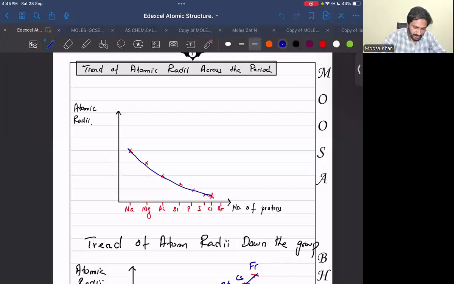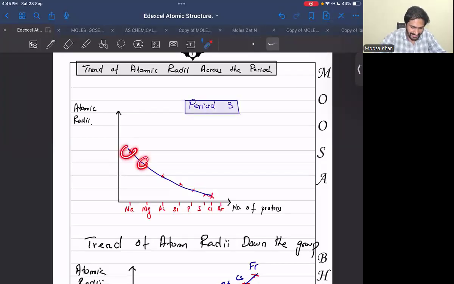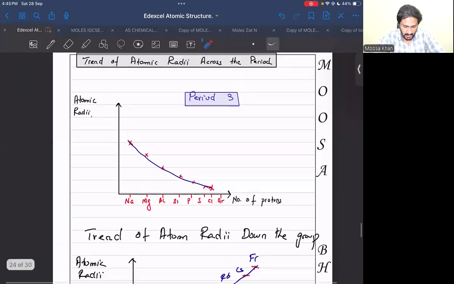It will be the same for period 2 as well. So from sodium to magnesium, aluminum, silicon, phosphorus, sulfur, chlorine, the atomic size is decreasing. You're not supposed to remember the sizes of these atoms, but you just have to know the trend of the atomic size across the period.